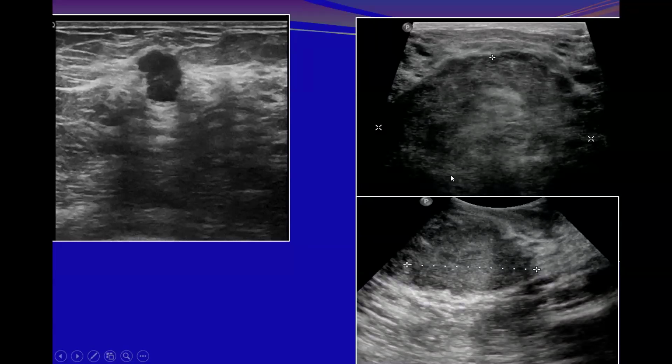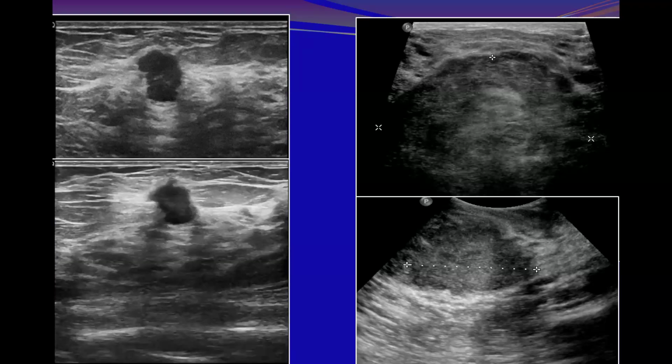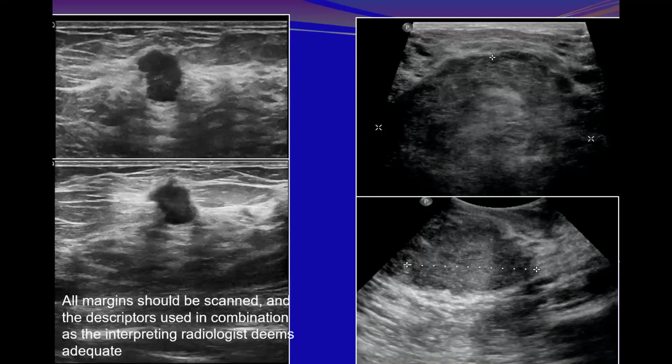I eliminated the posterior shadowing and could see the deep portion of the lesion, and even the margin very clearly: microlobulated, spiculated, indistinct, so we can see combined features of non-circumscribed margins.